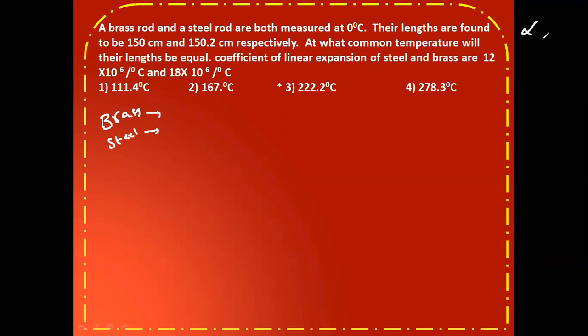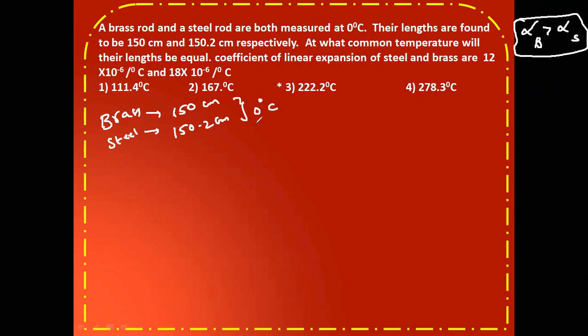But the point you should know is that alpha of brass should generally be greater than alpha of steel, if you remember the sequence I gave earlier. Their initial lengths are both measured at 0 degrees Celsius, but this length is 150 and this length is 150.2 centimeter.